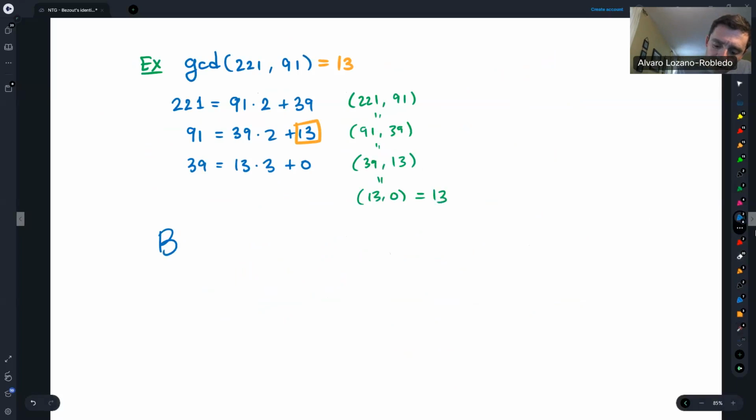So Bezout's identity is an equation of this form.